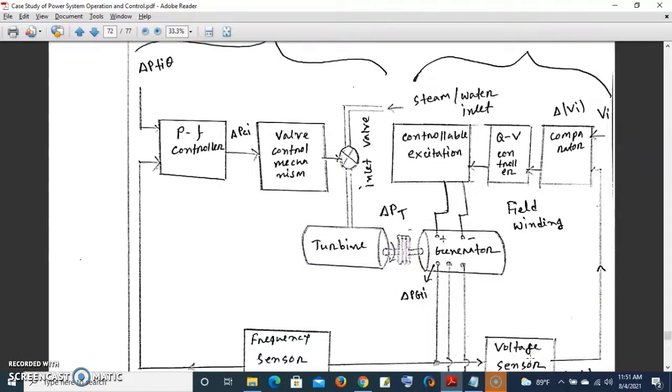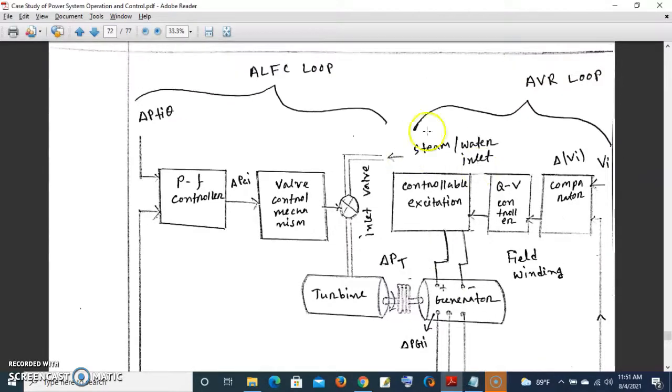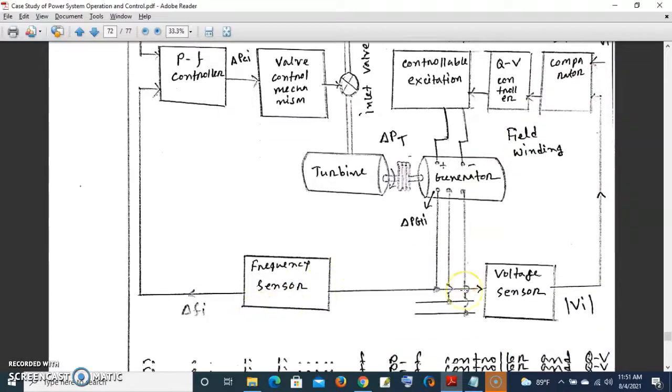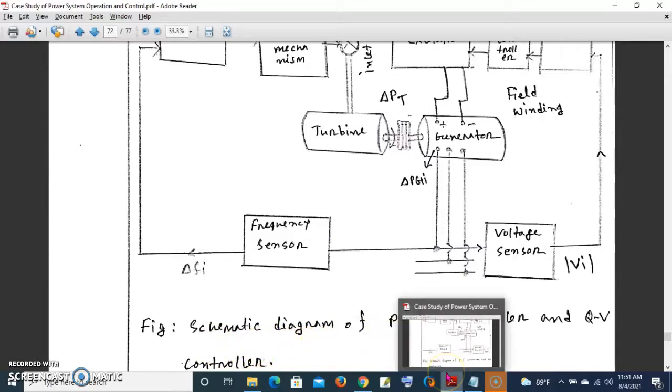Here is the figure. ALFC loop, AVR loop, PF controller, turbine, generator, QV controller, comparator, frequency sensor, voltage sensor. It is the schematic diagram of PF controller and QV controller.